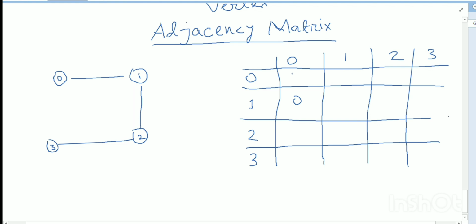Okay, in case of 0 there is no self loop, so there is no edge, so 0 to 0 is 0.